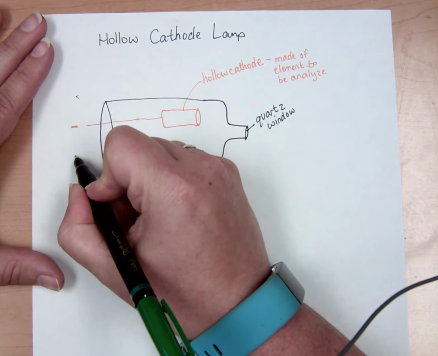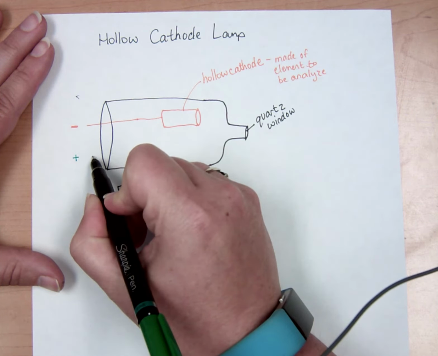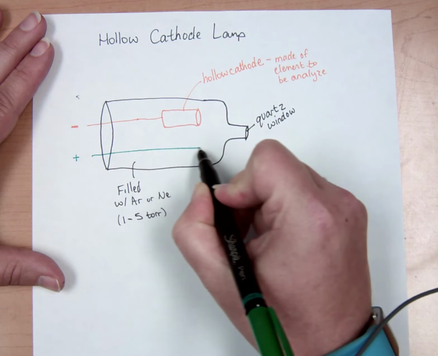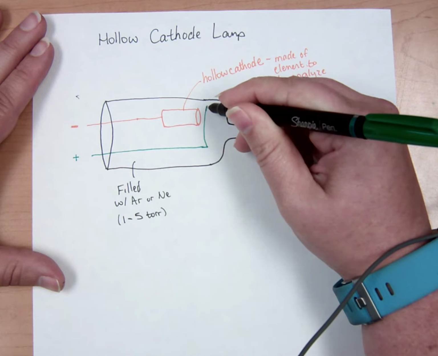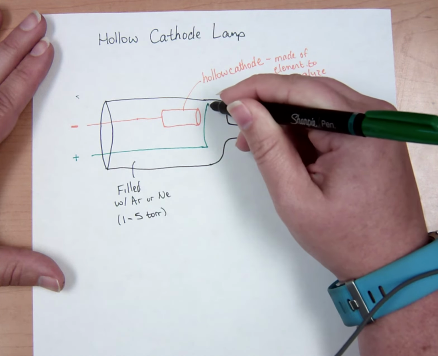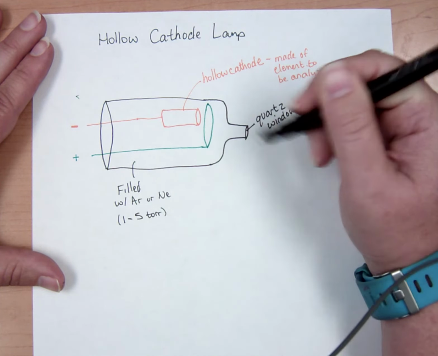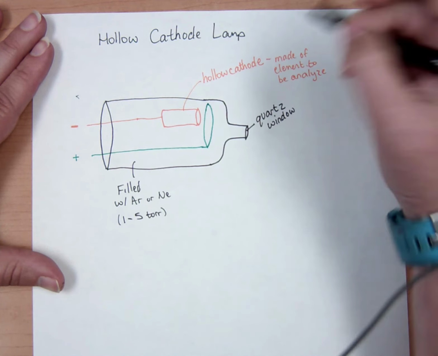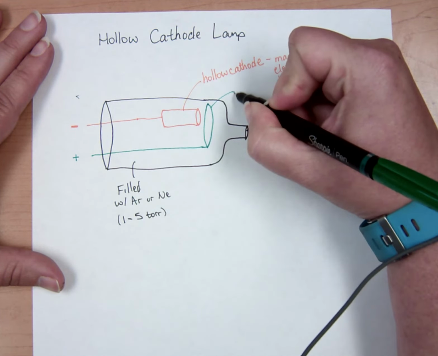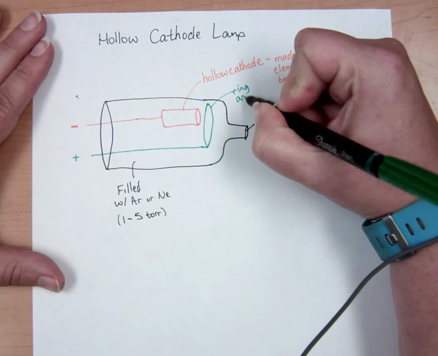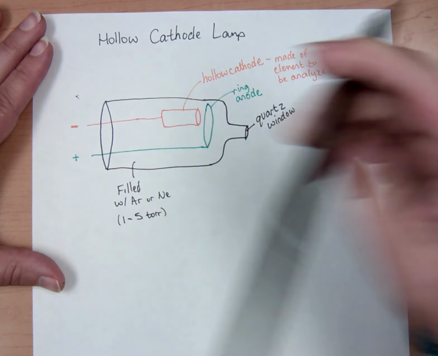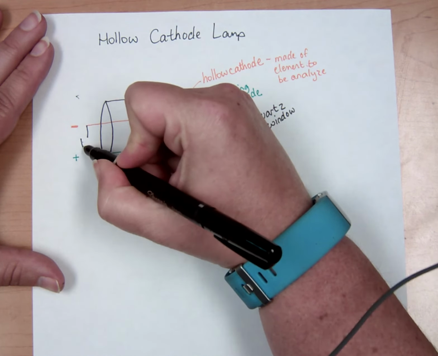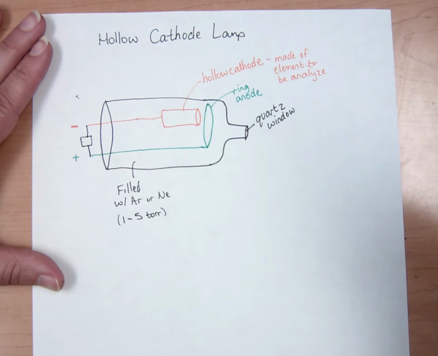We need to have a positive end, and so we're going to have an anode. And this is going to be a ring anode. And we have connected these with some kind of a circuit to get our applied voltage.